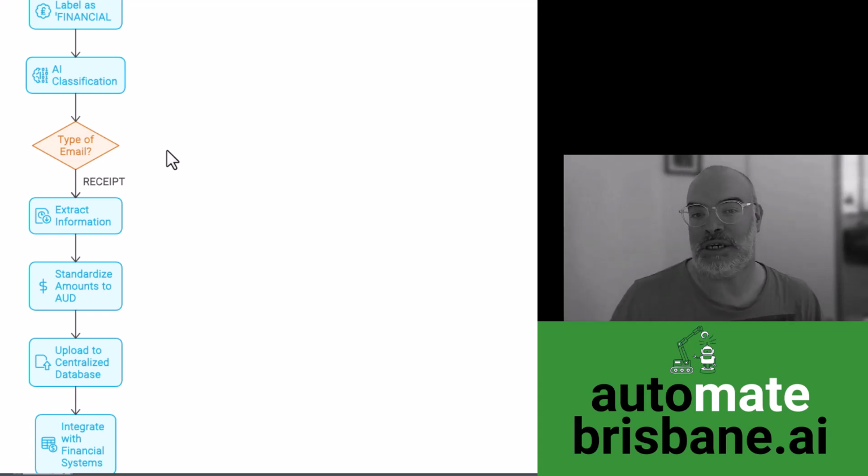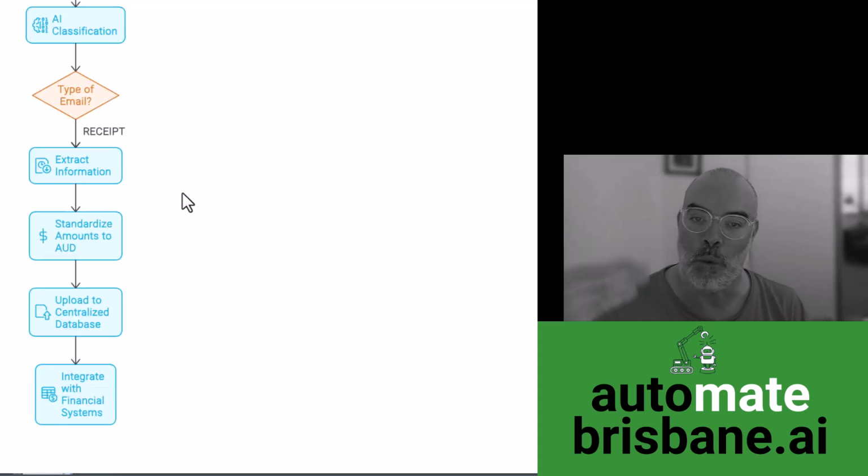But if it comes in and it's a receipt, then it says, oh, hang on, I need to deal with that. So it will look at what the receipt is. If it's an attached receipt, a PDF, or even a picture, it'll take the data from that receipt. If it's not in the email body itself, it'll extract the information.